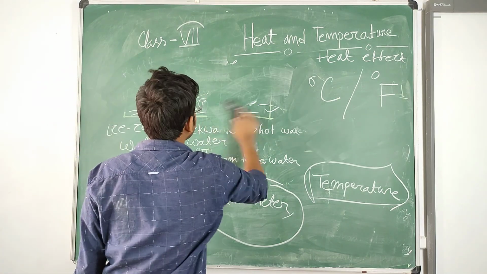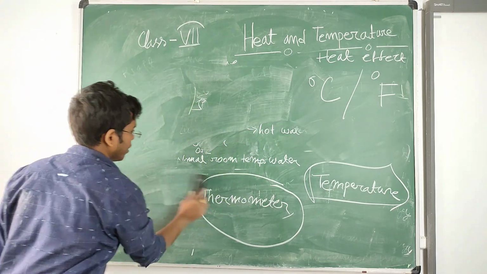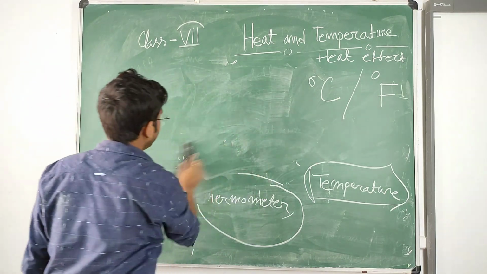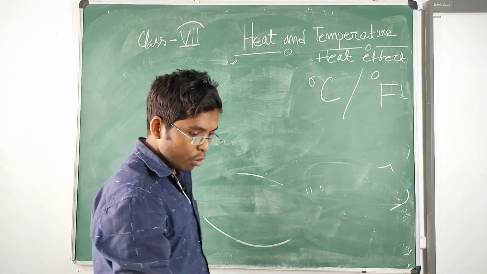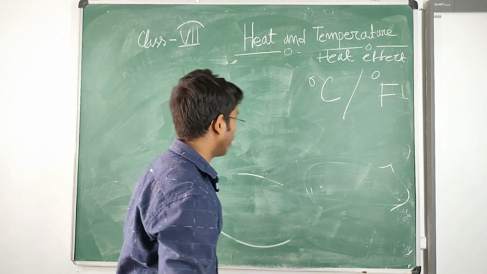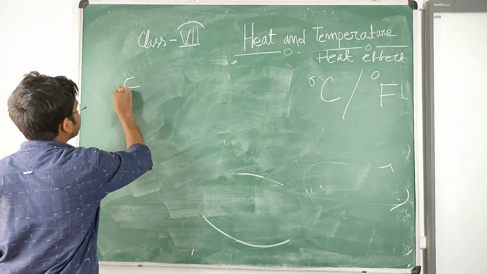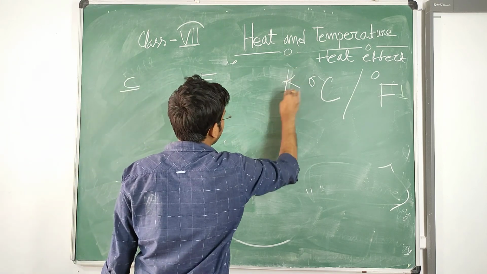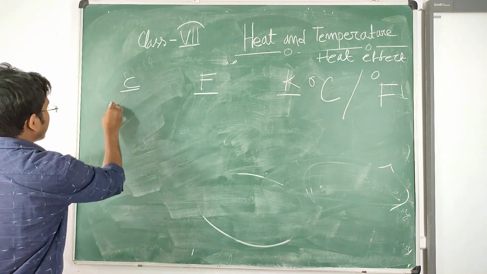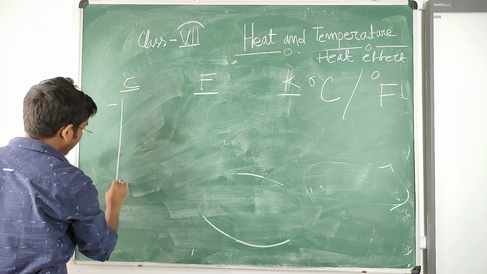Here I will discuss the relation between the Celsius scale and the Fahrenheit scale, along with the Kelvin scale. This is Celsius, Fahrenheit, and here is Kelvin. Suppose it is a Celsius scale.